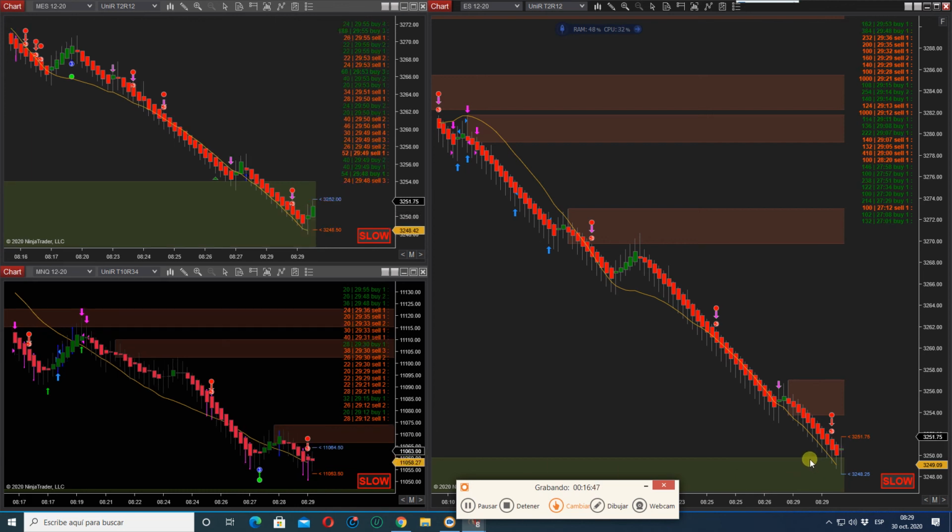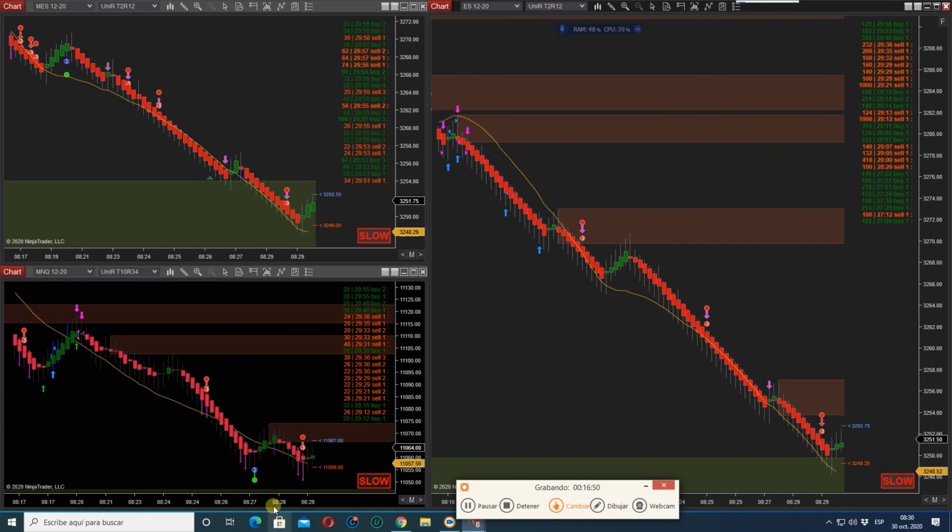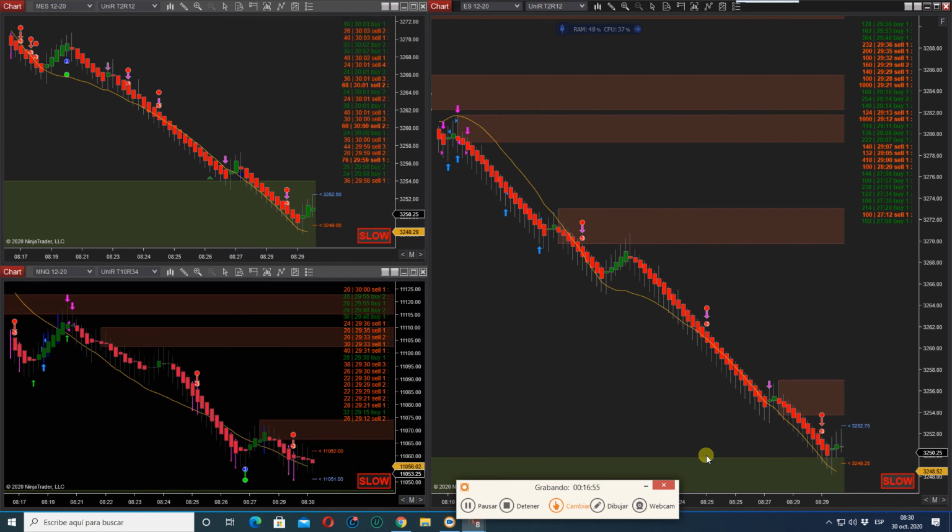ES hit this support, the Nasdaq will reverse. These guys are sisters or brothers or whatever you want to call them. You know, they work in conjunction.